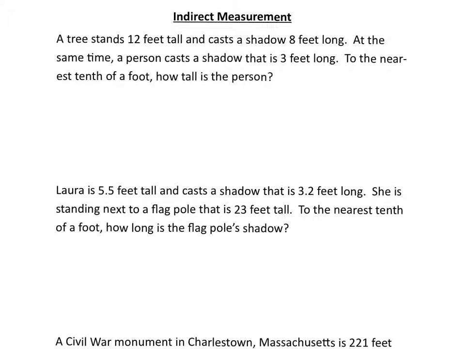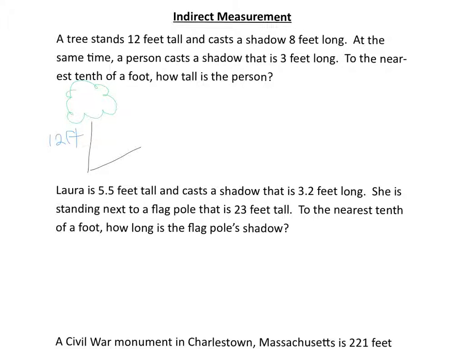All right, so to start us off, we have a tree. So we're going to draw a beautiful tree. Okay, a tree stands 12 feet tall and it casts a shadow 8 feet long. There's my shadow.